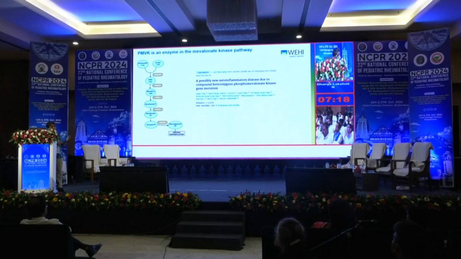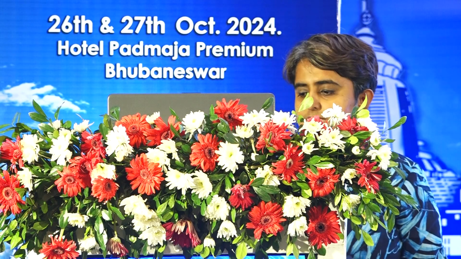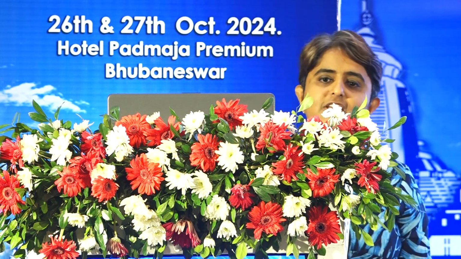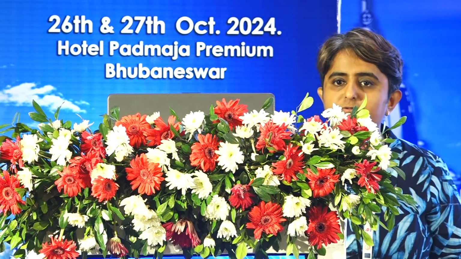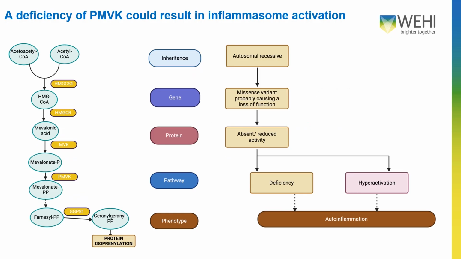At that time, when we did the literature search, we found a case report where they just claimed that it was a new autoinflammatory syndrome, and not much functional validation was done in that study. So we thought we would do the functional validation for the variant that we identified. We understood that the inheritance pattern was autosomal recessive.